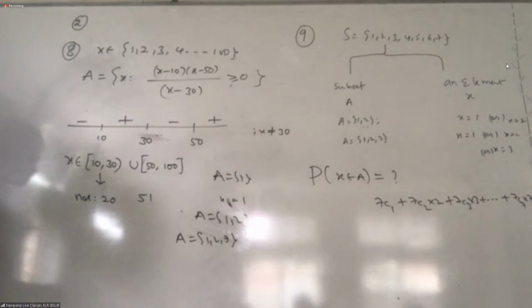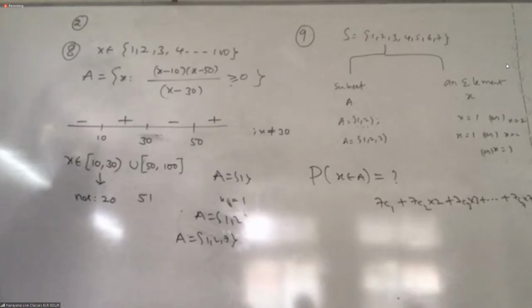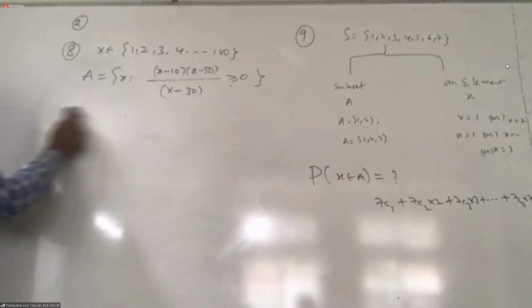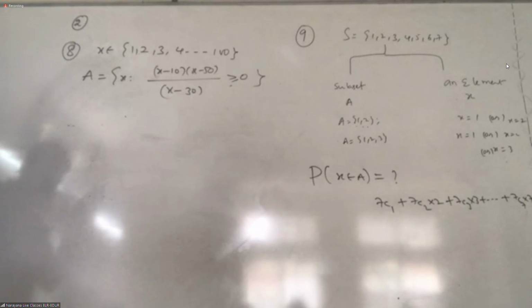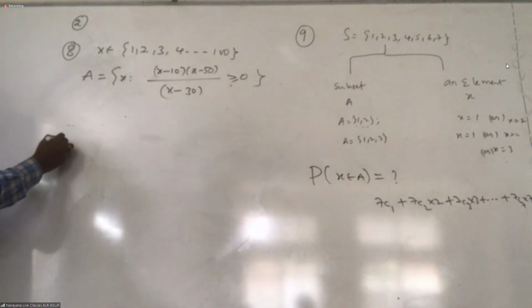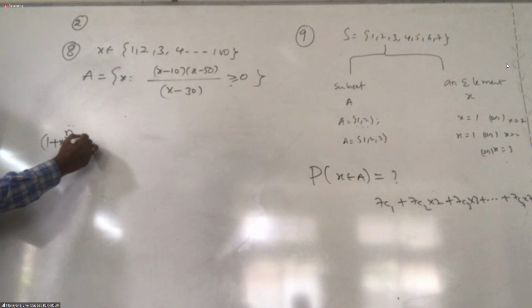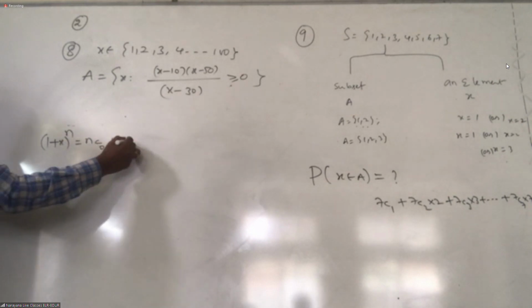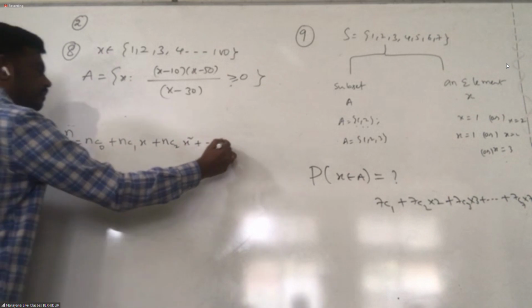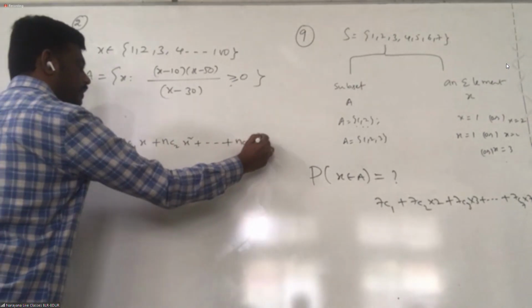What is the binomial expansion? 1 plus x whole power n equals nC0 plus nC1 x plus nC2 x squared, up to x power n.